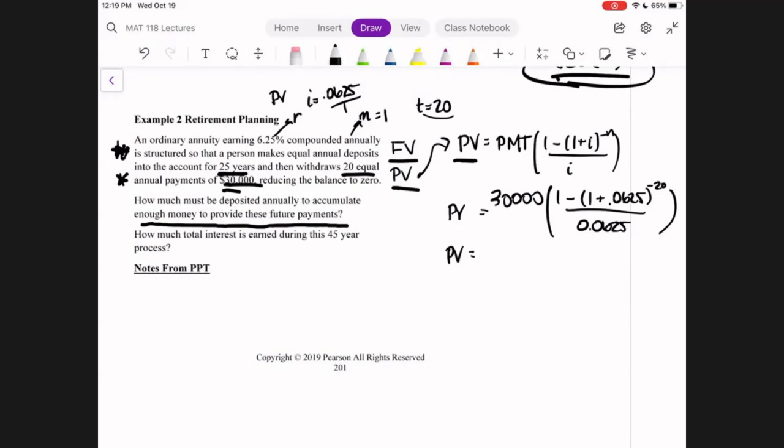Just be careful of how you enter things in. So I arrive at 339941 and 14 cents.